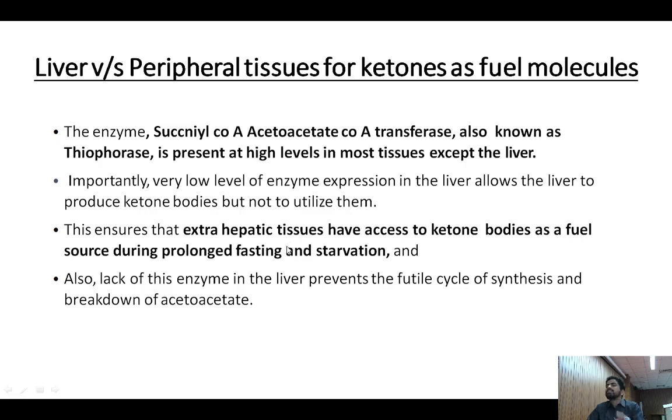Otherwise, in the liver itself, all the ketone bodies would have broken down. So the lack of this enzyme in the liver prevents the futile cycle of synthesis and breakdown of acetoacetate. The futile cycle means something is getting synthesized and broken down without any net output, right? So the absence of thiophorase is good for the extrahepatic tissue, because they get ketone bodies as a fuel source.